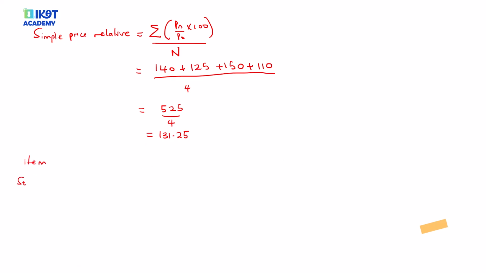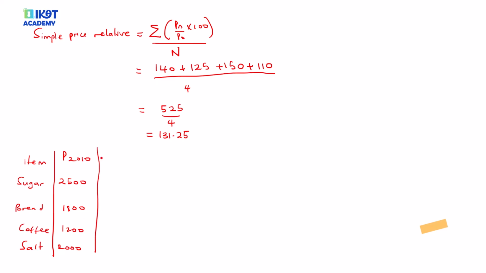So here we have items: sugar, bread, coffee, and salt. So these are the items. So I have the price in 2010. This is 2,500. I'm redrawing the table now. Then this is 2,000.